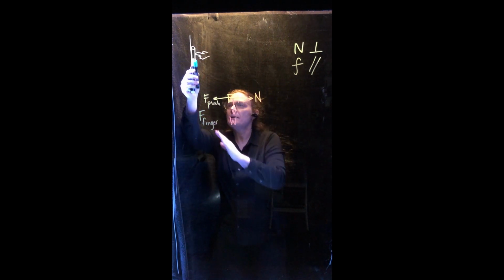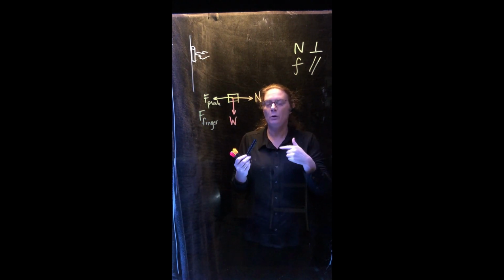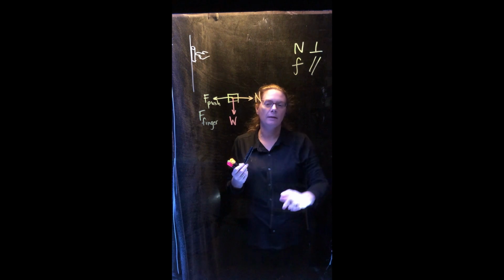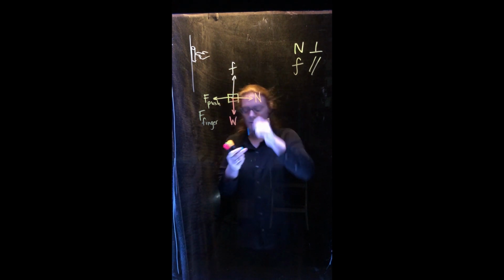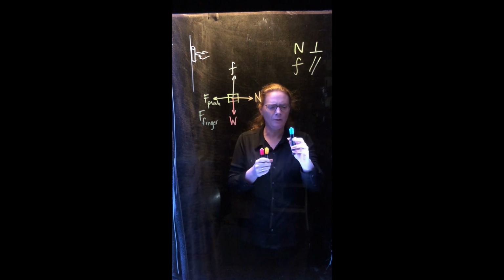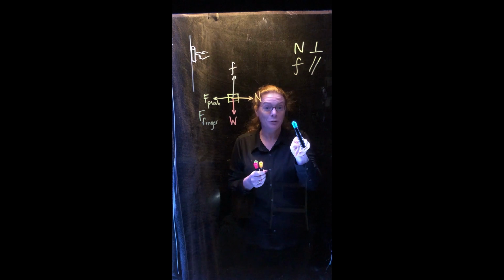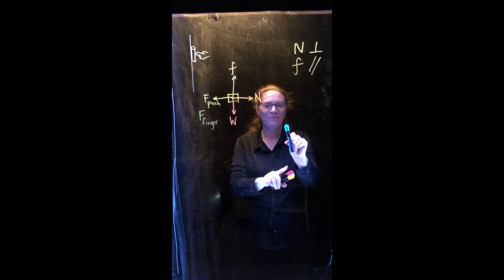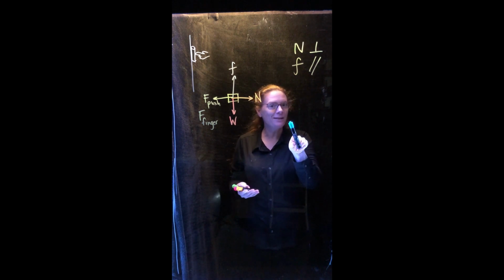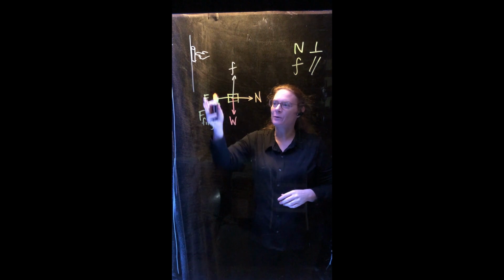The marker wants to slide this way, and so friction, opposing the motion, is going to act upwards, holding it up. So even though you think about it like my finger is holding it up, no, my finger's pushing on it. If my finger were holding it up, that would be holding it up. My finger's pushing on it, but what really is holding it up is friction. And so we've got this one here.